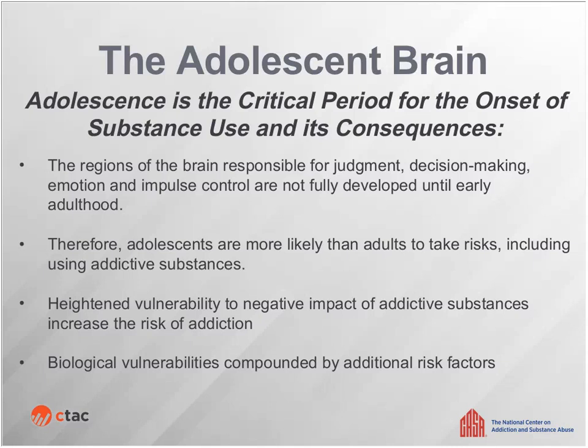So the reward center is more developed than the consequence center, the part of the brain that really thinks about what is going to happen if I do something, or I know I should stop, enough is enough. So the analogy we like to use here is a car with a very sensitive accelerator, but pretty bad brakes. So therefore, adolescents are more likely than adults to take risks, including addictive substances.